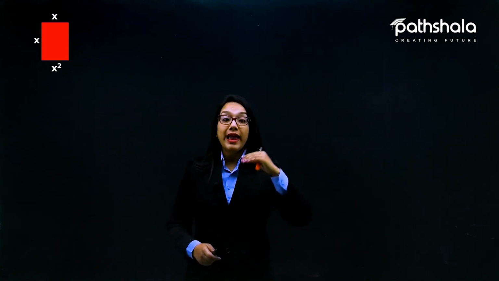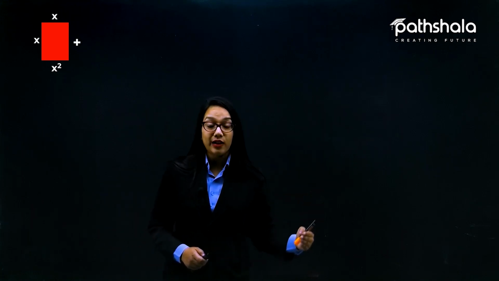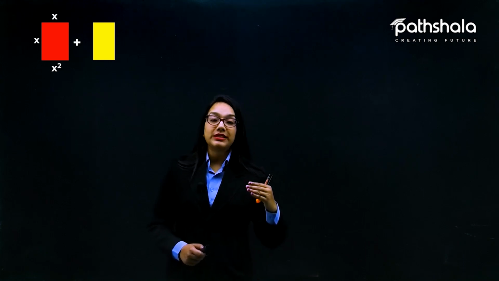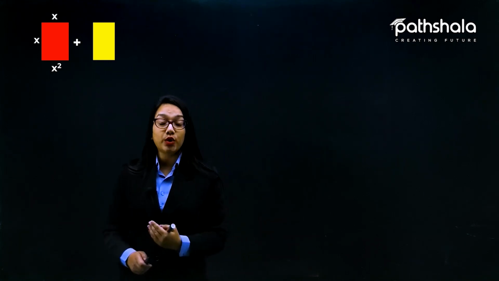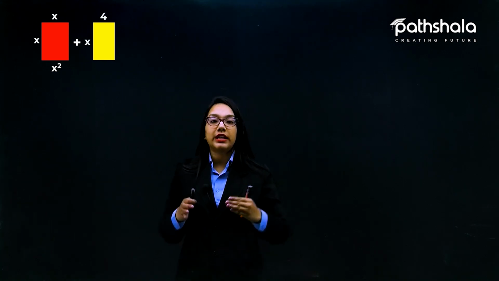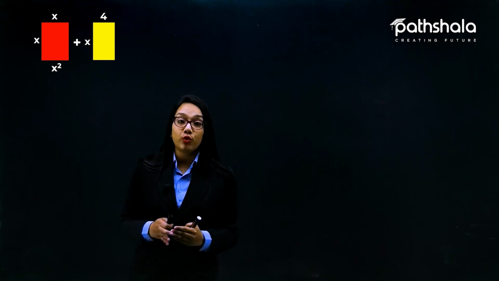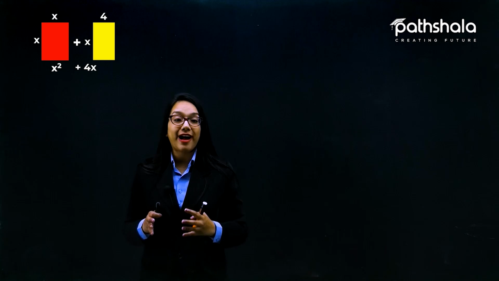So we have the term x square plus 4x. Now I am taking a rectangle, and the length and breadth of the rectangle are 4 and x, so the area of the rectangle would be 4 into x. Hence we have the term x square plus 4x.